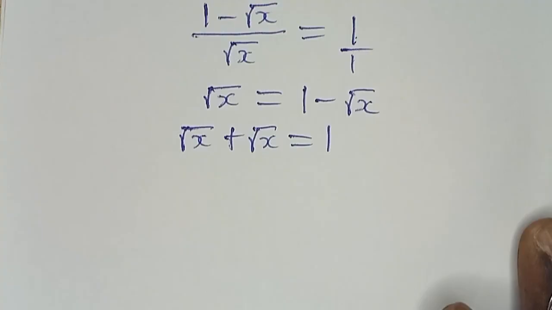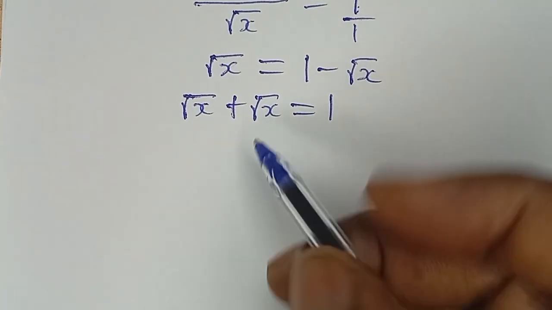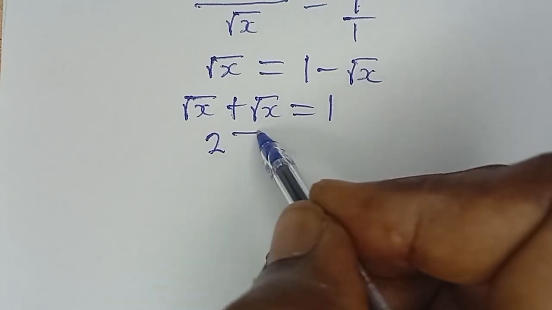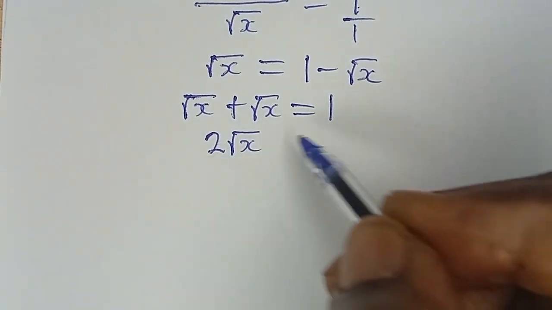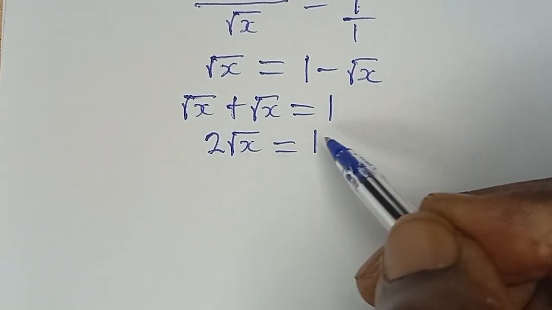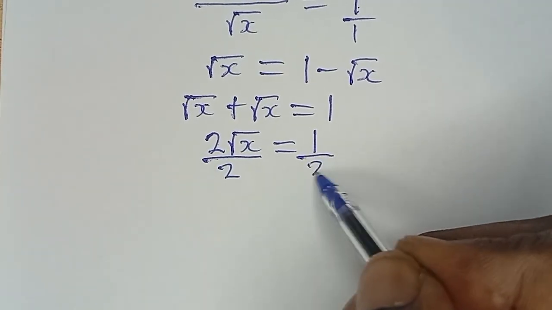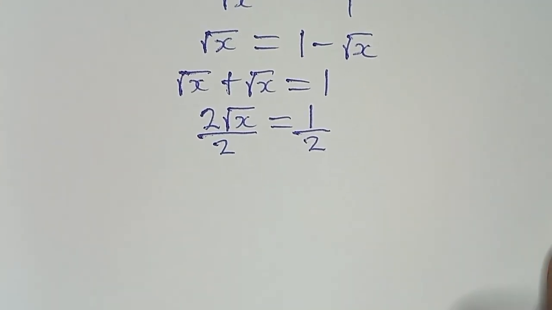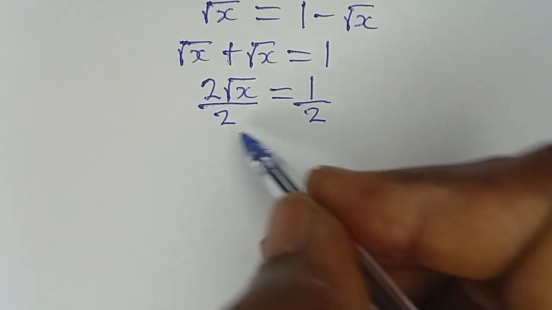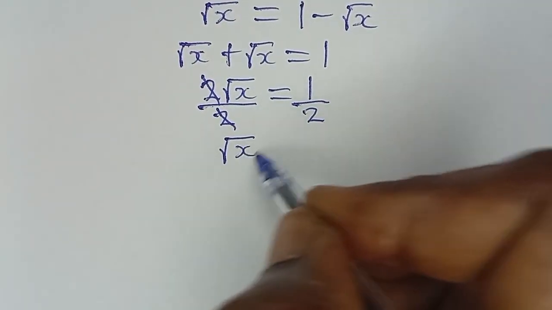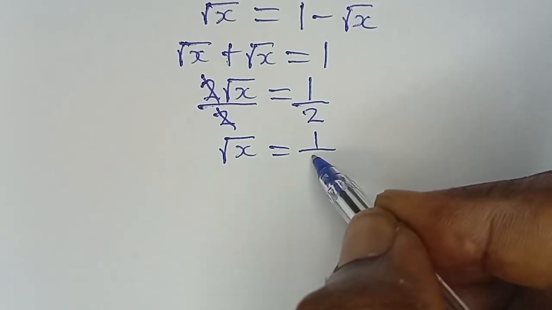Adding the two like terms together, root x plus root x gives me 2 root x, and is equal to 1. So to get root x, I divide both sides by 2, and these two cancel. So I have root x is equal to 1 over 2.